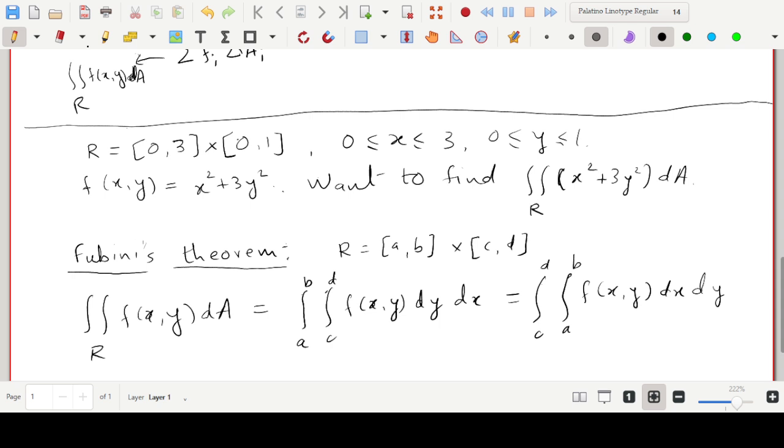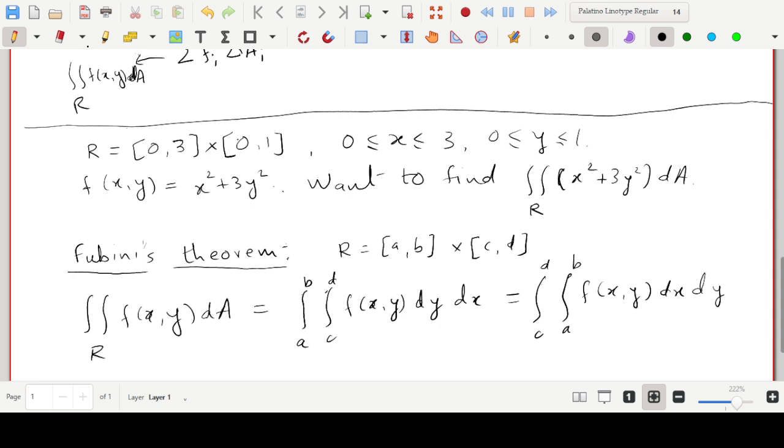Since x is varying between a and b, if you decide to integrate with respect to x first, then you should integrate between a and b first. If you decide to integrate with respect to y first, then you should integrate between c and d first, because y is varying between c and d.